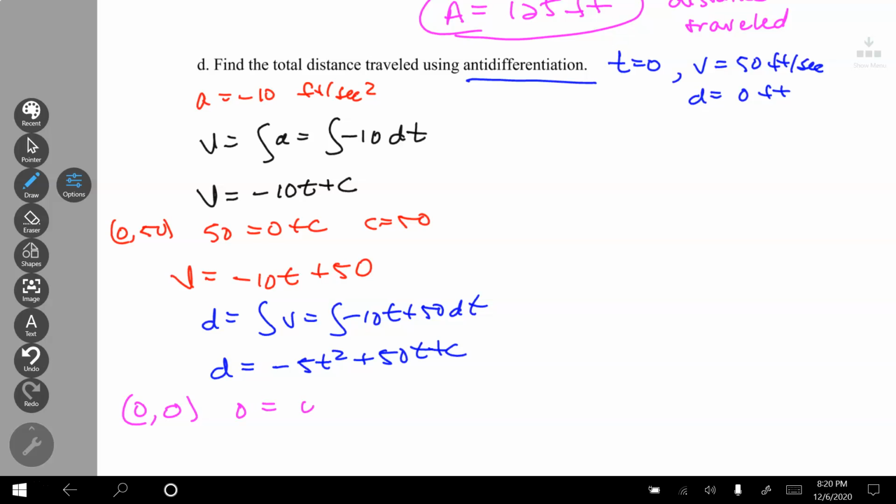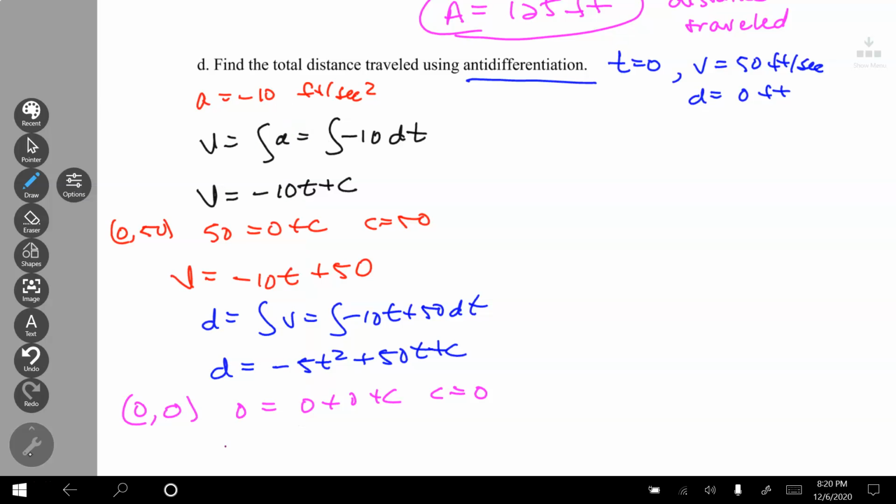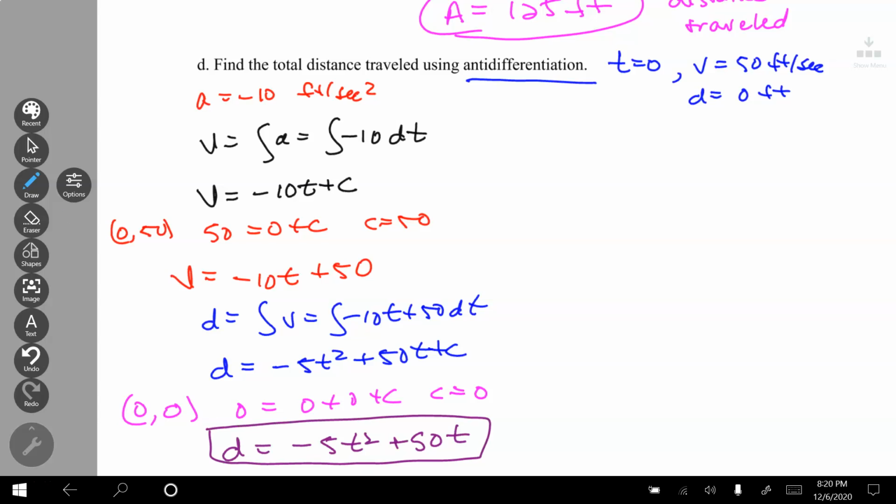I get 0 equals 0 plus 0 plus c, or c equals 0. Or my distance equation, I'll do the purple, is equal to -5t squared plus 50t. This is my distance equation. This is my velocity equation for this car that's braking, and this is my acceleration.